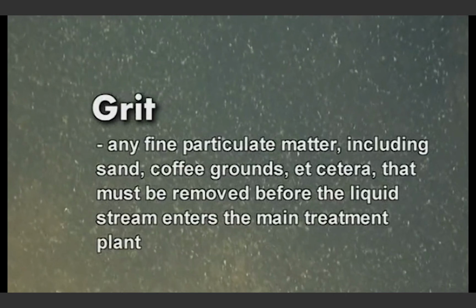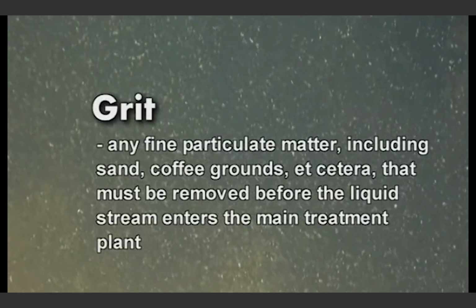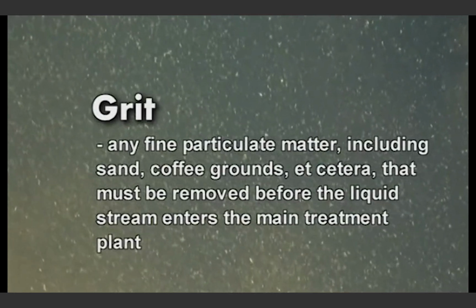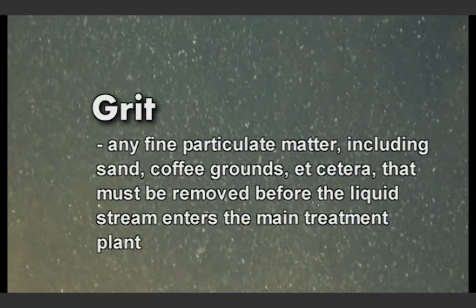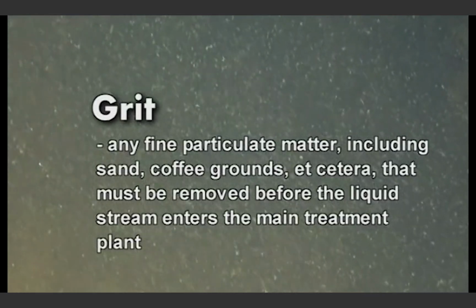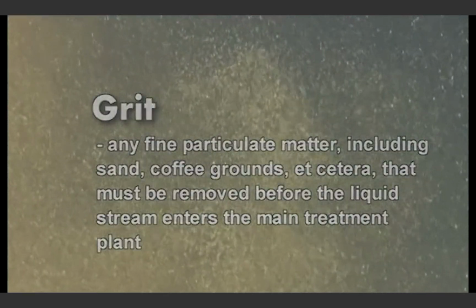Smaller materials such as grit and sand are removed in the grit chambers. Grit is any fine particulate matter, including sand, coffee grounds, etc., that must be removed before the liquid stream enters the main treatment plant. Unabated, grit can clog pipes and destroy pumps, so its removal is imperative.